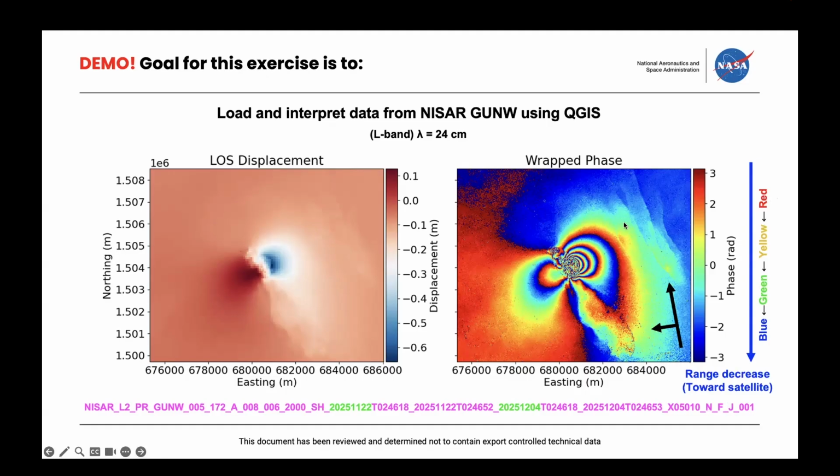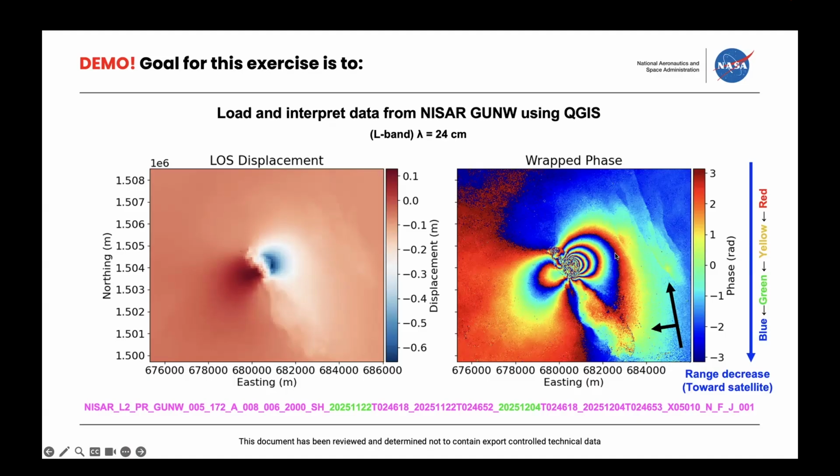So in this case, if we count how many fringes on this side of the dike, we can count 1, 2, 3, 4, around 5 concentric fringes, and then we'll check the color.